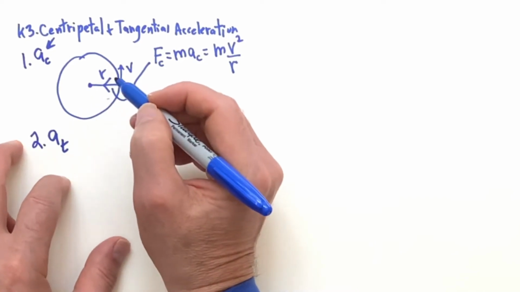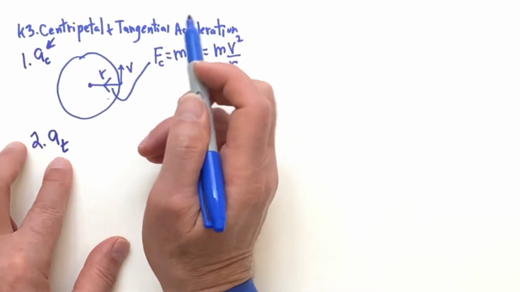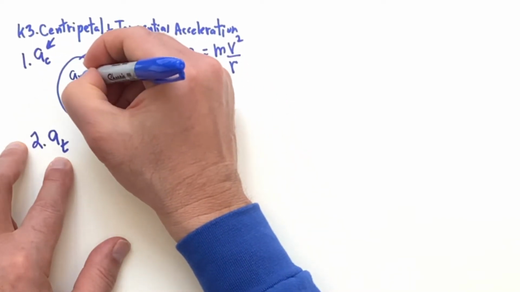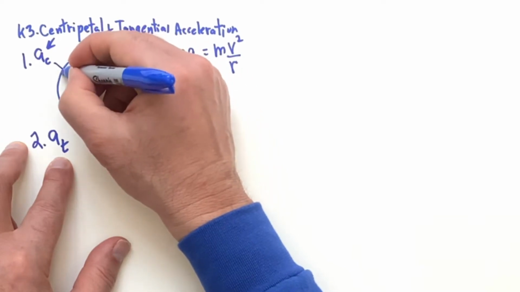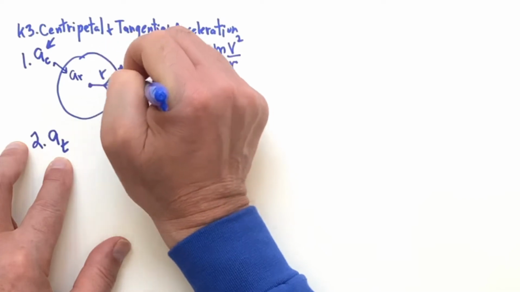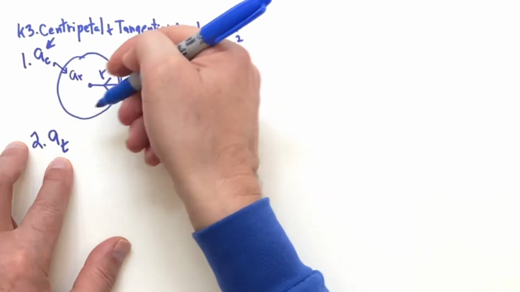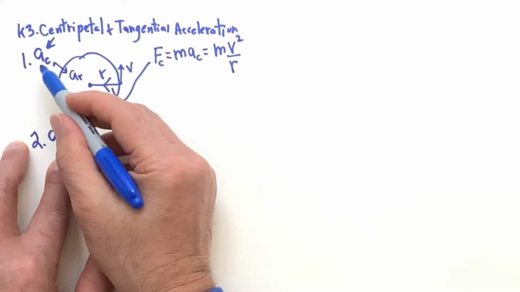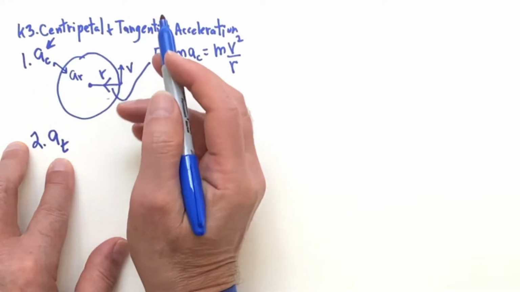And this is the tangential. You could also call this radial acceleration if you want. And if you pick the radial direction to be positive outward, then AR would actually be negative. So different notations are used. We'll just simply look at AC for now, the magnitude.